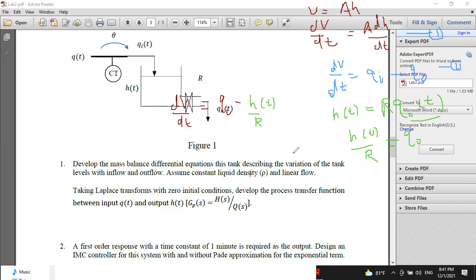Now what we can do is take Laplace of this. But before we get Laplace, we can write this in the format and substitute this part here.